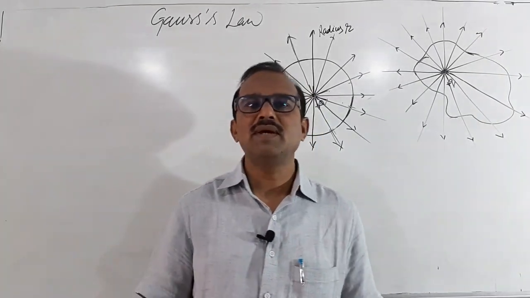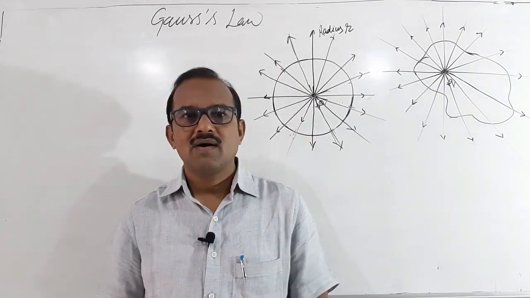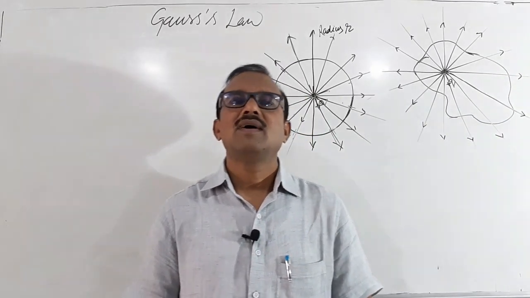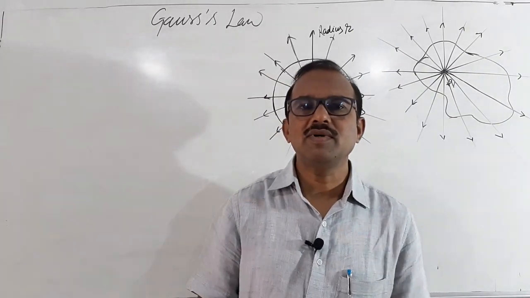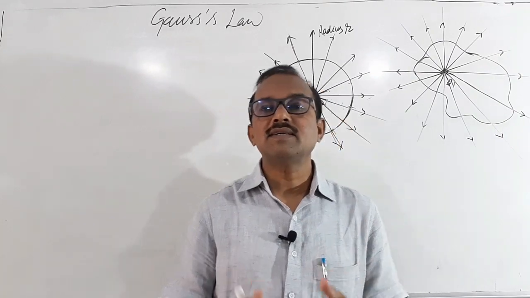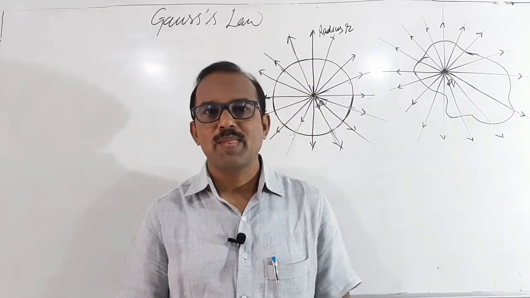This flux will be EA cos theta or E delta S cos theta. If our surface element is perpendicular to the direction of electric field, it is simply E into delta S. So E is the strength of electric field, and delta S is the area of the surface element.